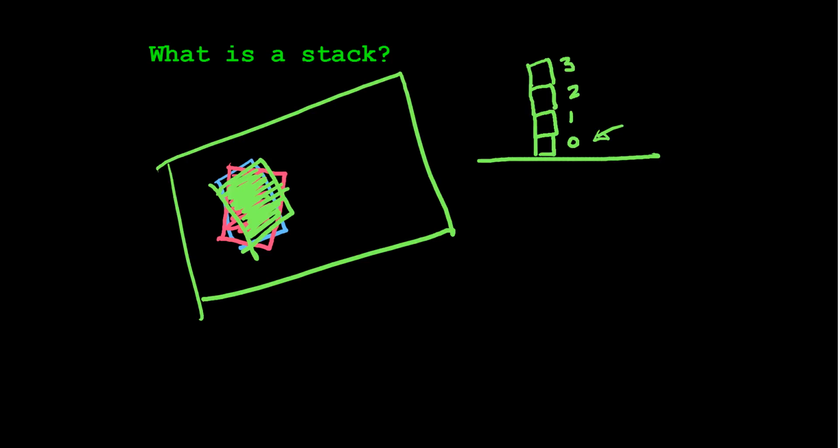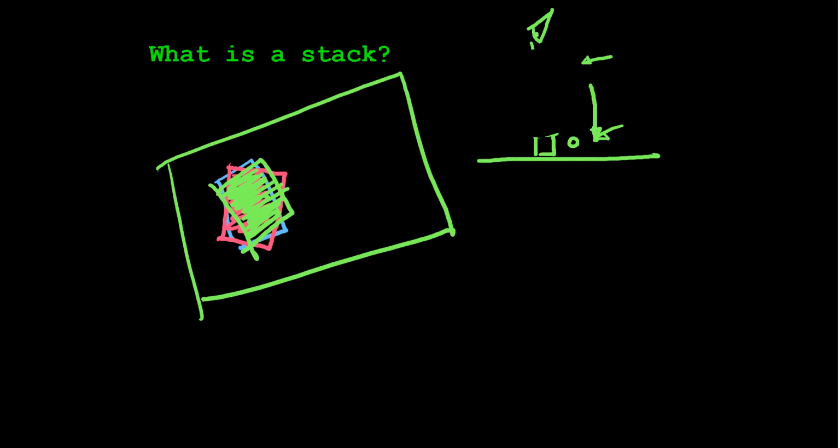And once I put on object 3, then objects 2, 1, and 0 are going to be hard to see. You can imagine I've got an eye looking at it, and I can only see the top of the stack. But then I can also take things off of the stack. So I could take 3 off the stack, and now my eye can see 2. I can take 2 off the stack, and now my eye can see 1.